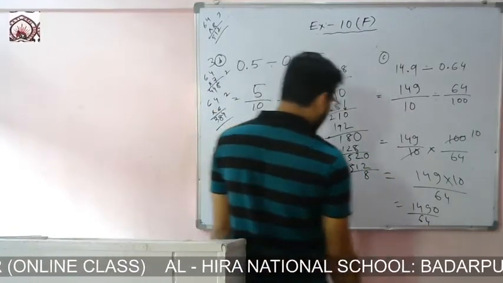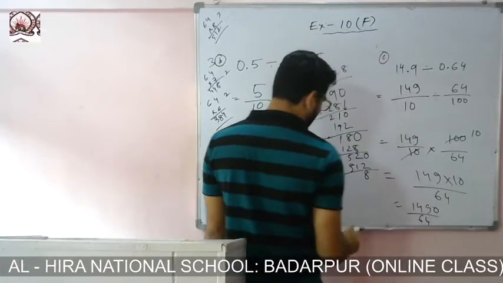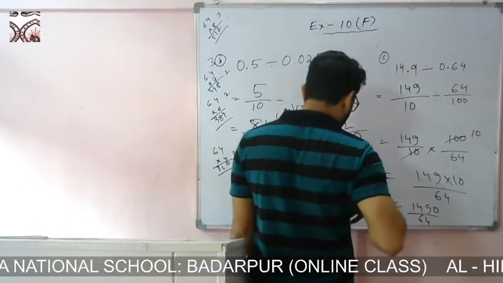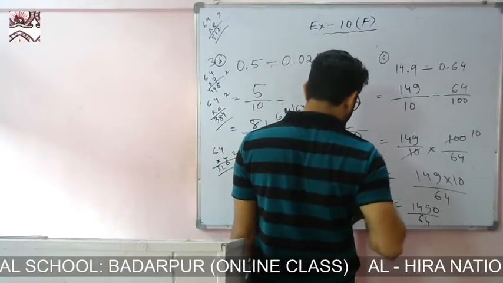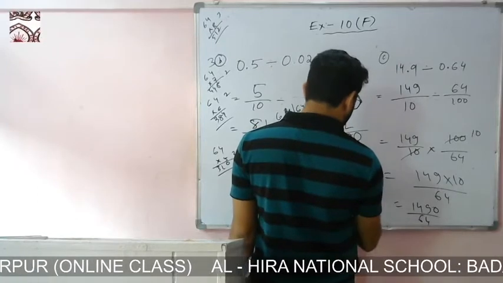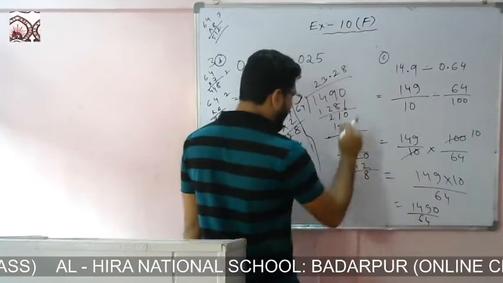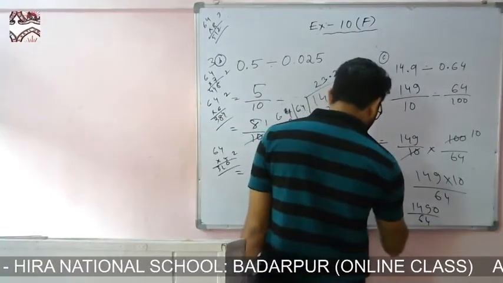Okay, again 8. Here remain what? 1. So 1 minus 1 is 0, 5 minus 5 is 0, again not possible. Okay, so point is there, we'll put what?